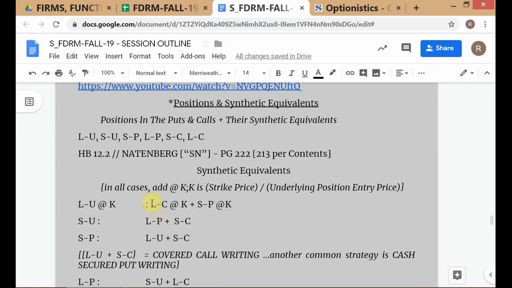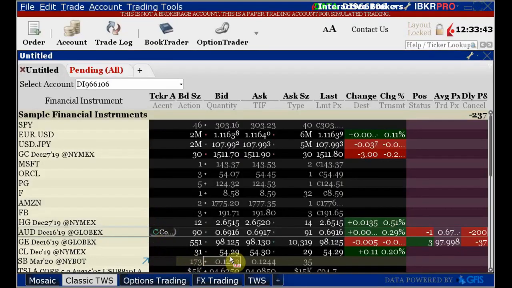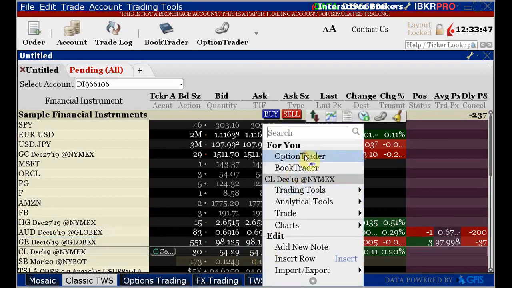Now we can observe these prices in the market. If we go back here, we try to launch some crude oil options.